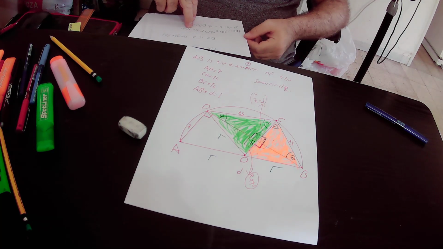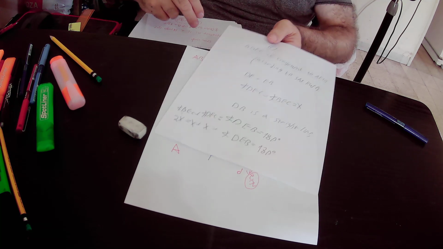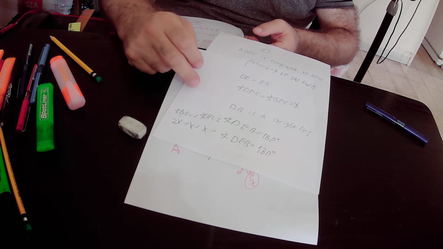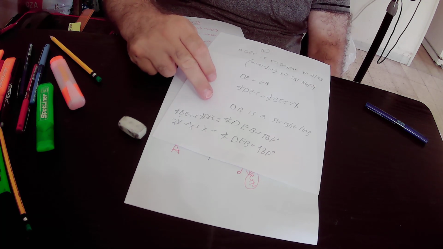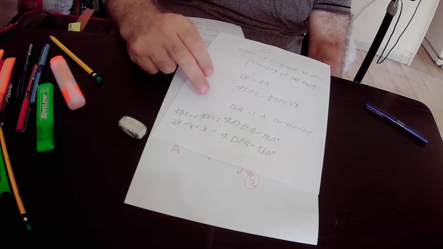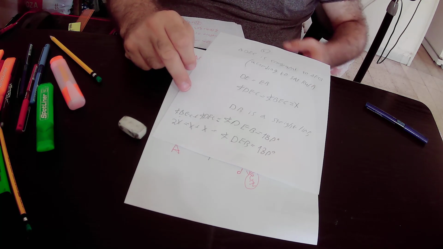Okay, so angle DEB plus angle BEC plus angle DEC must be equal to 180 degrees from one side.